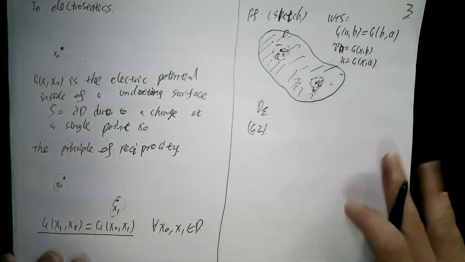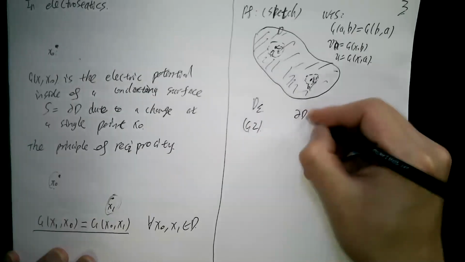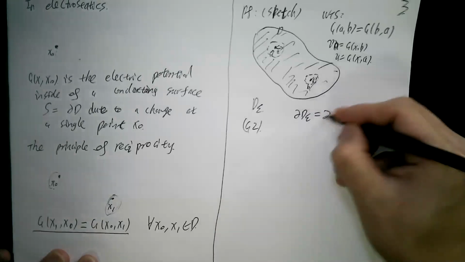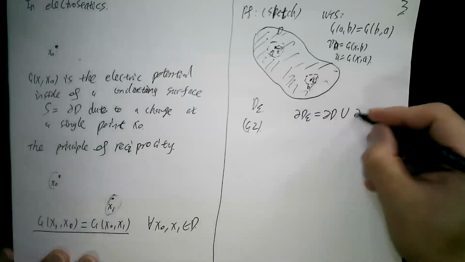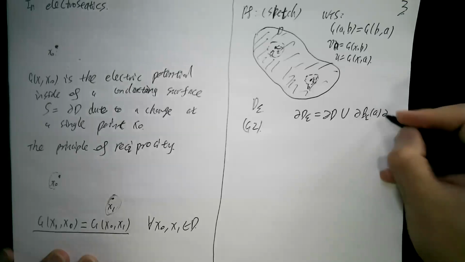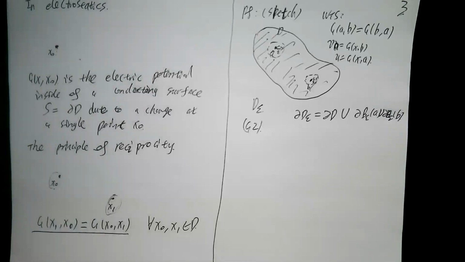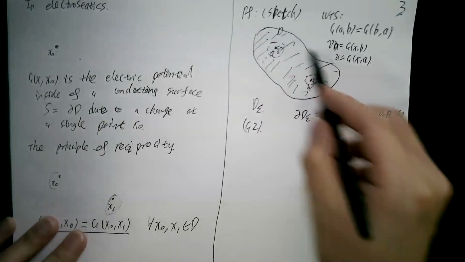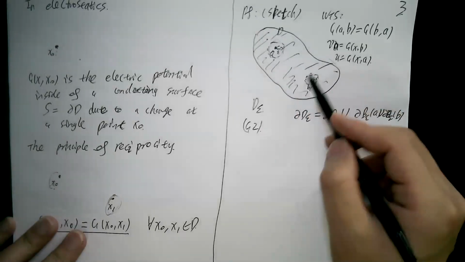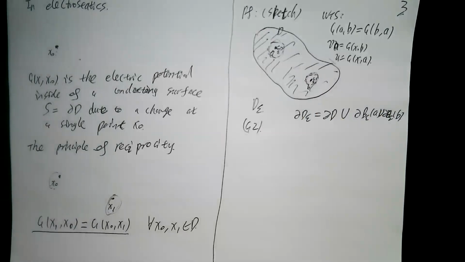The boundary of D epsilon is actually the boundary of D union the boundary of B epsilon A union the boundary of B epsilon B. So the boundary becomes this outer side, the boundary of this part, and the boundary of this part. Is that clear?